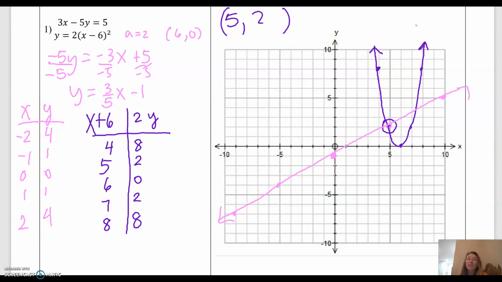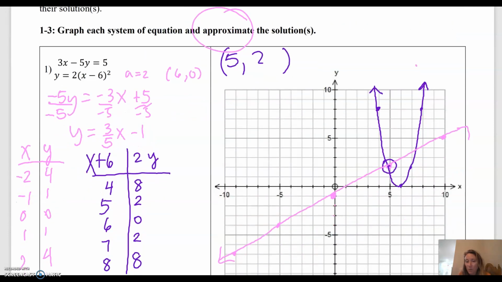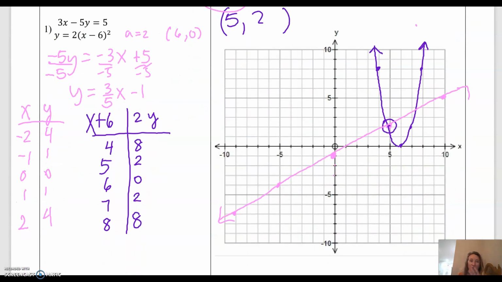Okay, and so now I have to approximate my solution. Notice this word here, approximate. So we love to end up with perfect ordered pair solutions like the 5, 2, but that's not always the case. So I'm going to estimate what I think this solution is.